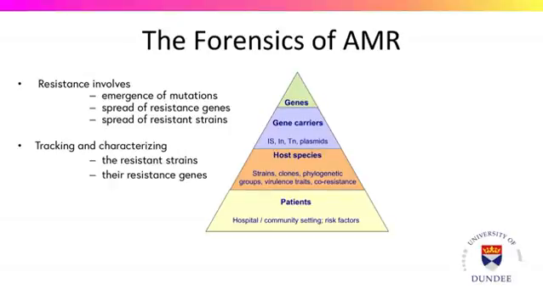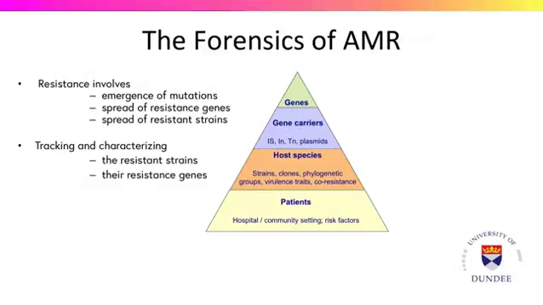Then you have to consider what those genes are located on, the genetic carriers, which may be plasmids. Then you have to consider what's causing an infection, which is a host bacterial species, what strain, what clone, how virulent is it, and what other drugs is it resistant to.